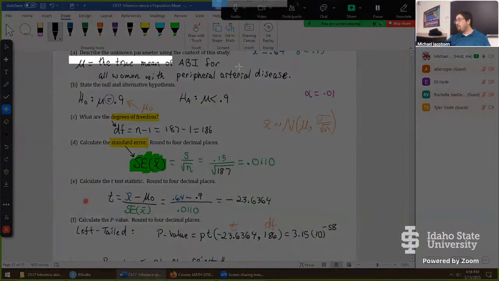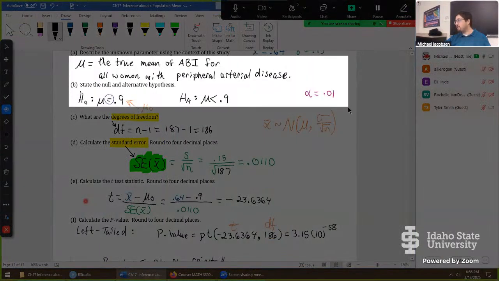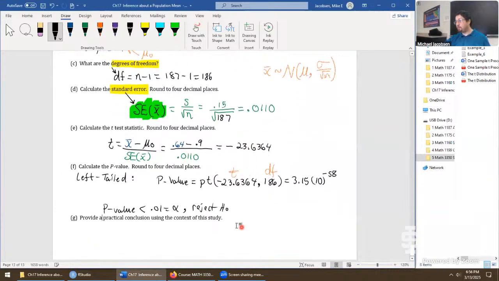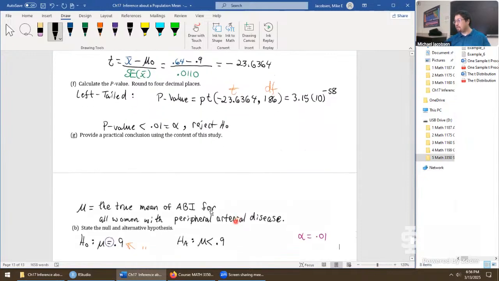We need the statement of the parameter and the statement of the hypotheses. But we're pretty much there at this point. Let's read out what we're going to get. So highly, highly significant evidence, we'll say here, the study provides overwhelming evidence, or whatever colorful word you can come up with here, gargantuan amounts of evidence, something like that would be fine.